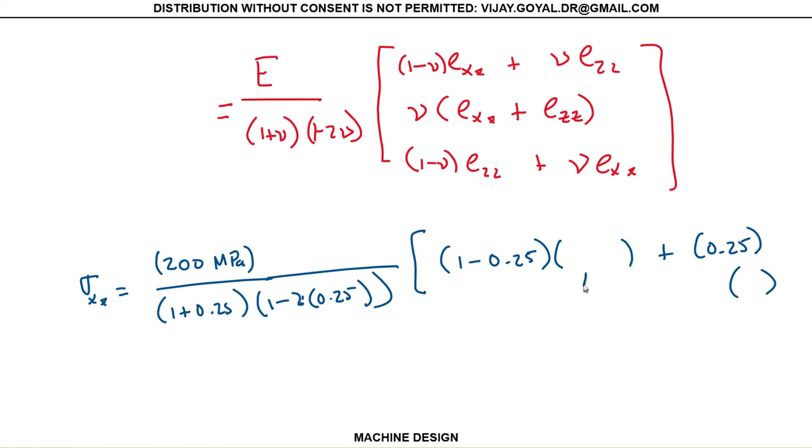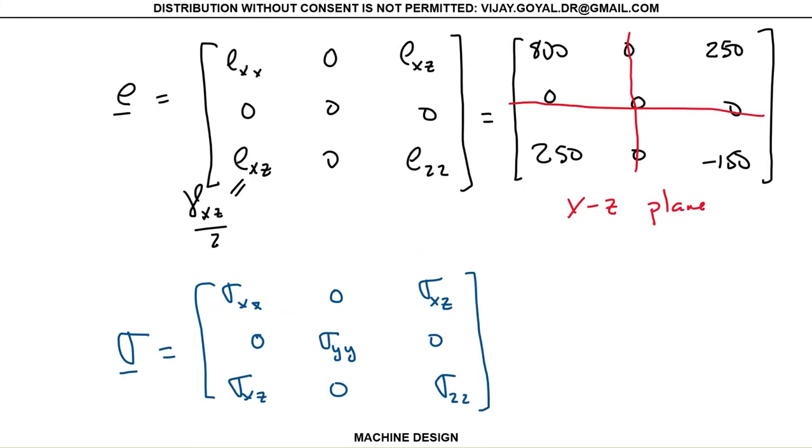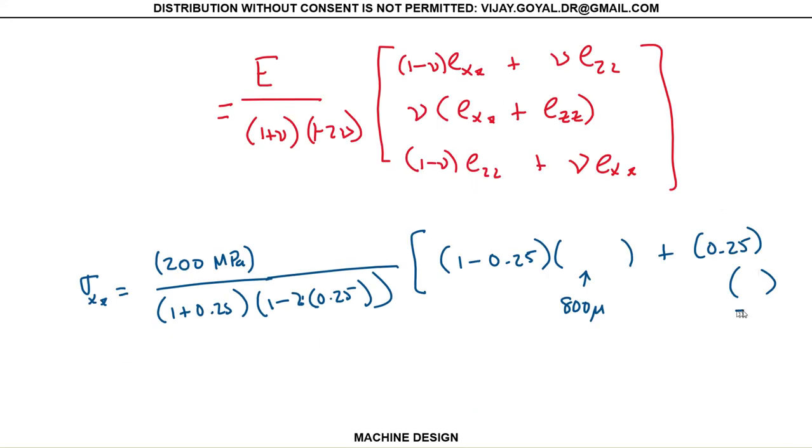So what you place in here is 800 mu, then this is minus 150 microns, and all of this gives you 320.